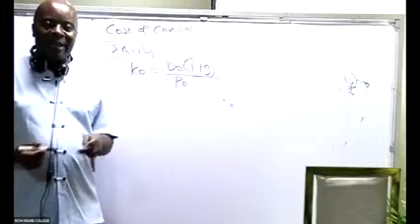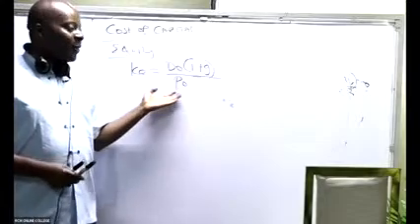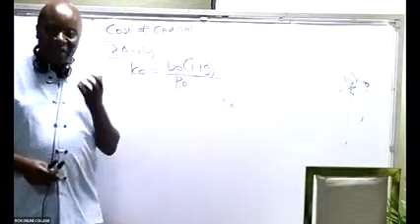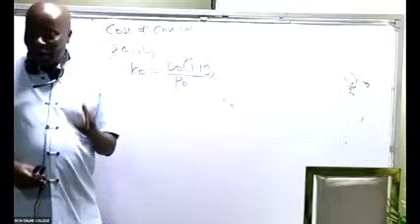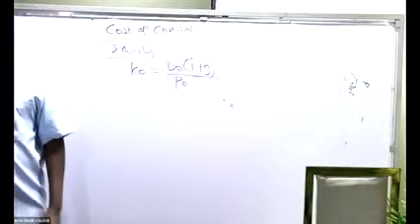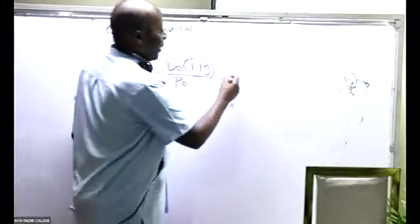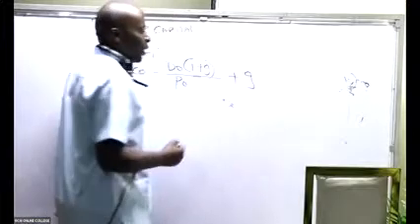There must be something I'm missing. Is there somebody who can tell me what I should add here to get the correct cost of equity? Yeah, very good. We must add G, an independent growth rate.